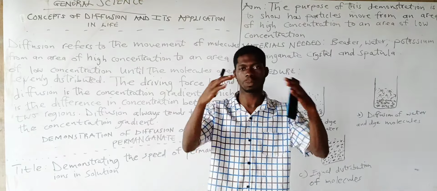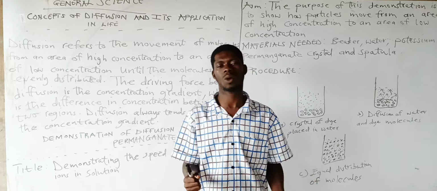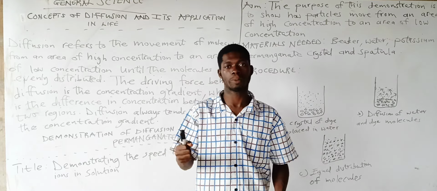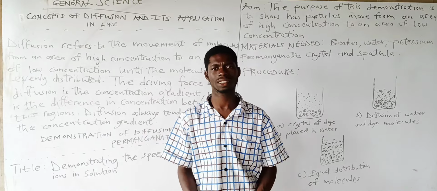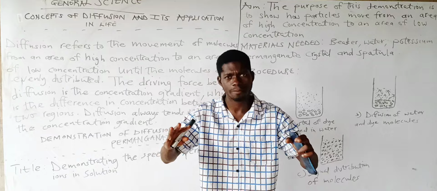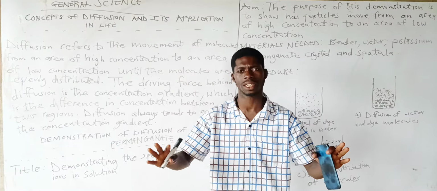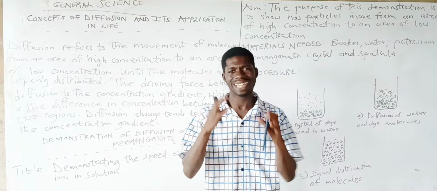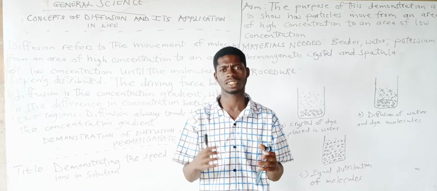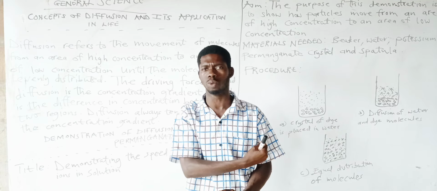If you have a spray, then you stand at one corner and you spray that place. That place is highly concentrated. For a few moments, that smell or that scent will get to the other end of the room.